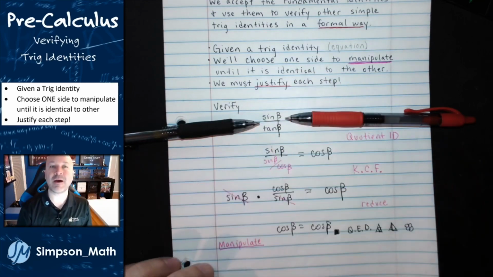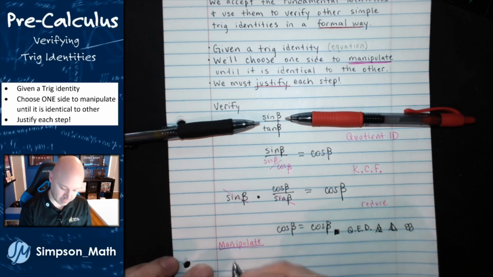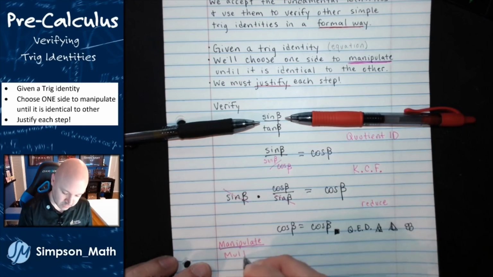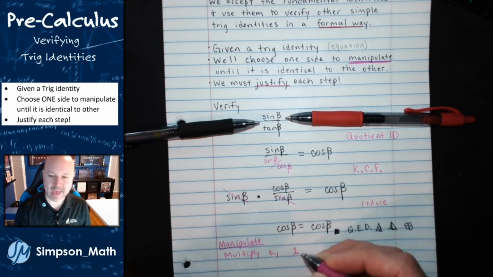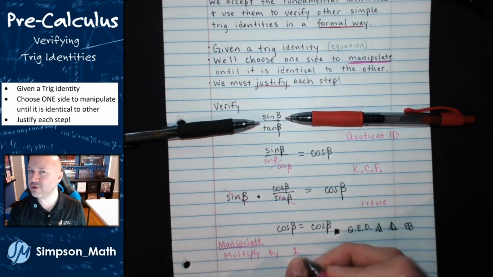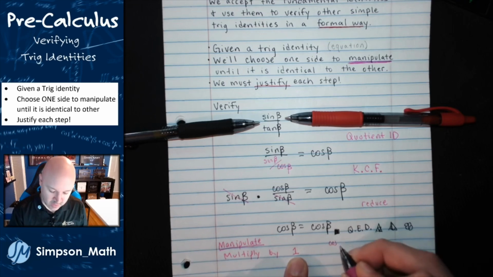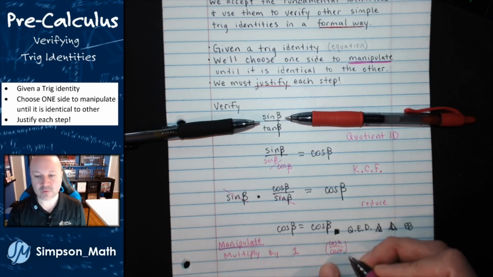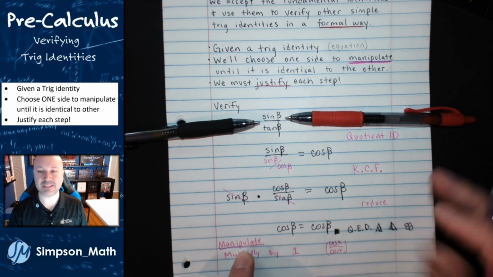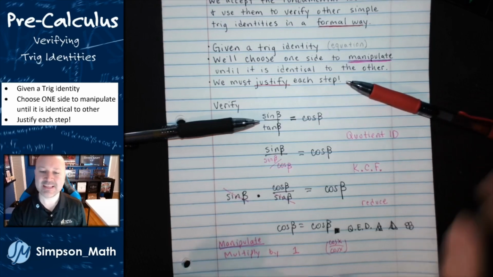So we can multiply by the multiplicative identity 1. And 1 could be really fancy. Maybe you need cosine x over cosine x. That is a form of 1. So that is legal manipulation because it only affects one side of the equation.